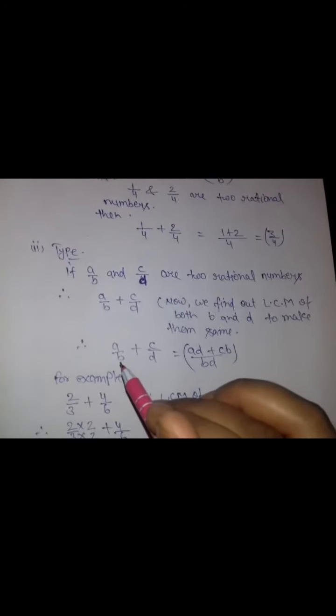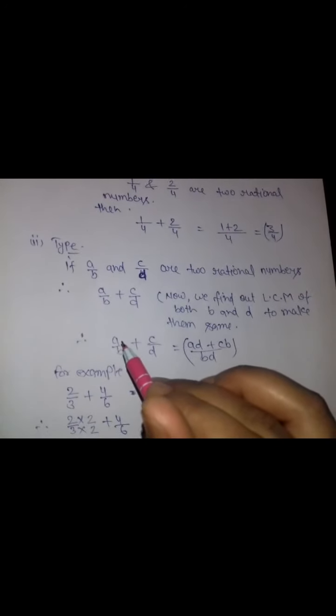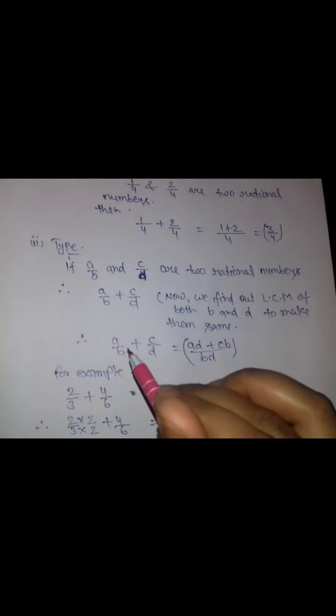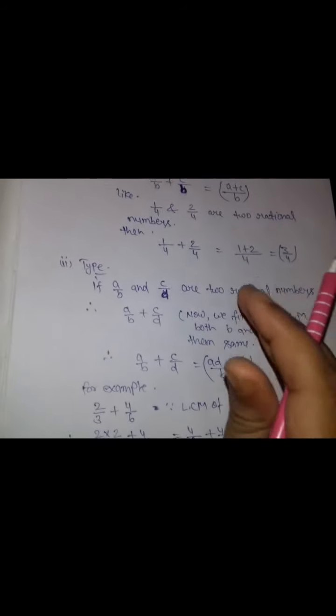To make b into bd, we have to multiply by d, downside and upside, numerator and denominator. It will be ad. And to make d into bd as the LCM, we multiply by b, and with c also b, then it will be cb. Then both will be added, and like this we can move next.